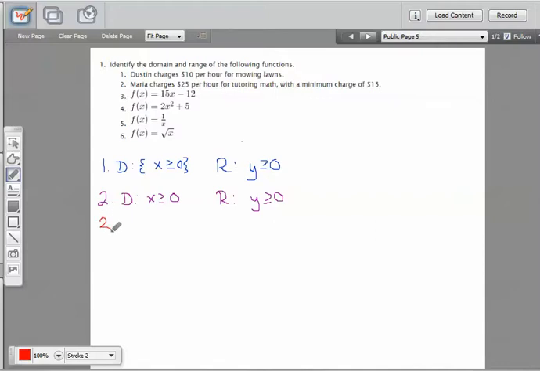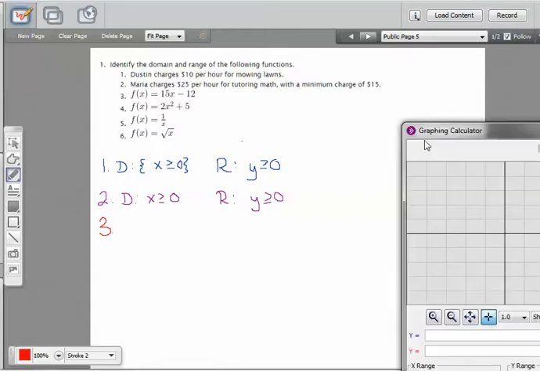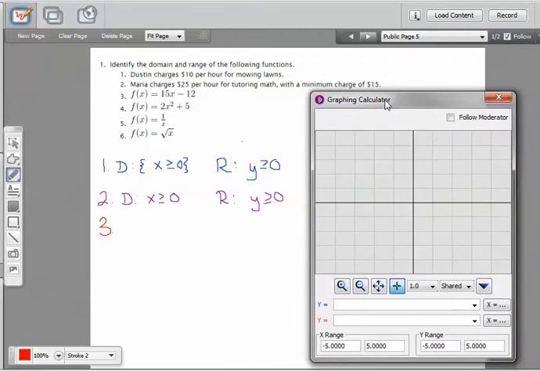For number 3, we can go ahead and look at the graph if we wanted to. So let me see if I can get a graphing calculator up in a window here. f of x equals 15x minus 12. If I just do 15x minus 12 here, we see that graph there.